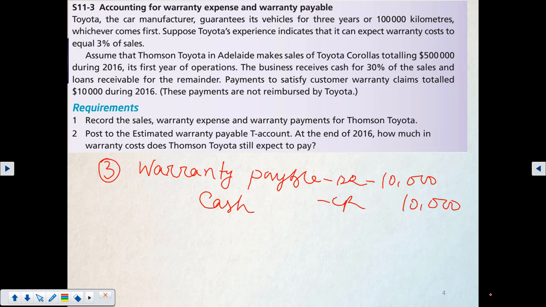Because we debited warranty expense by $15,000, only that account goes to the income statement. So it's going to be 15,000 even though we paid only $10,000. Is that okay? And yes, the 5,000 is going to be a payable, in the liability section.